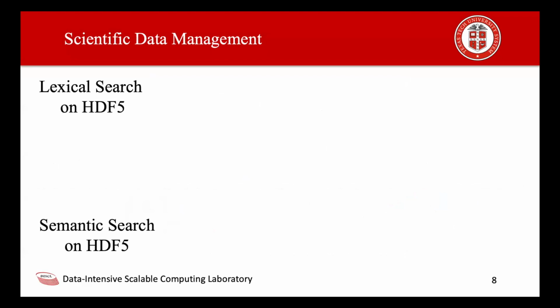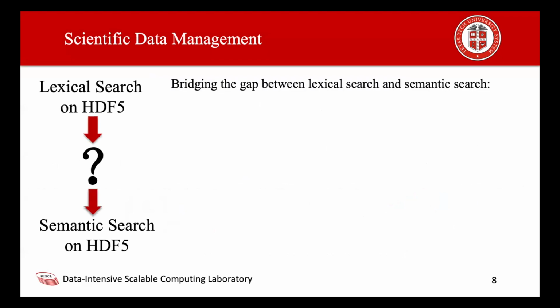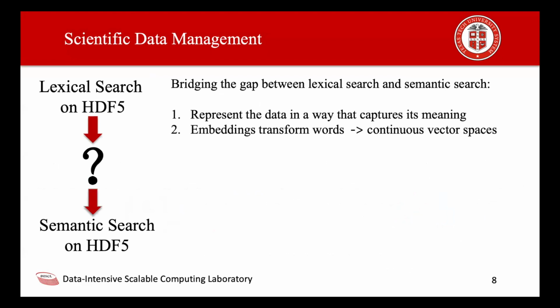So how can we move beyond lexical search of HDF5 to semantic search? What is the gap here, and how can we bridge it? First of all, we need to represent the data in a way that captures its meaning. In some other domains, they use embeddings to transform words into continuous vector spaces.